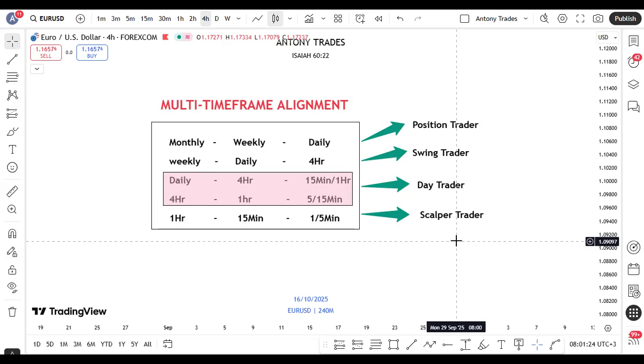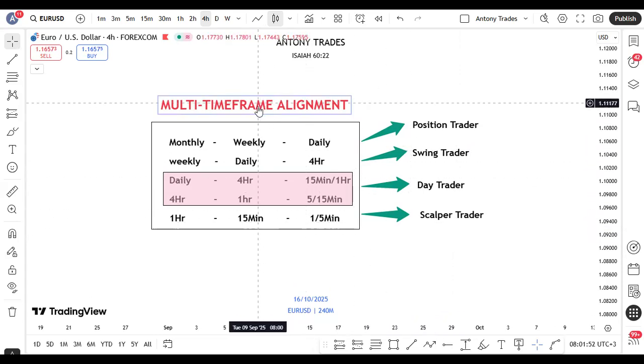Now, when you talk about the time frame alignment, remember, we do analysis depending on the type of trader that you are, guys. So if you are a day trader like me, there are specific time frames that you must look out for before coming to any conclusion of taking any trade.